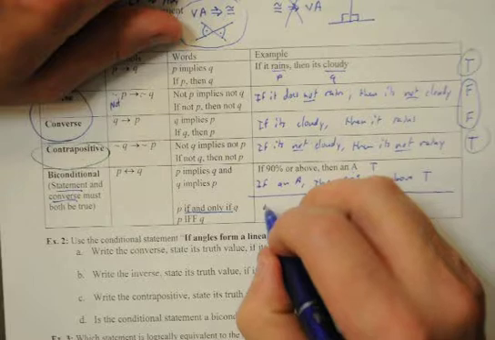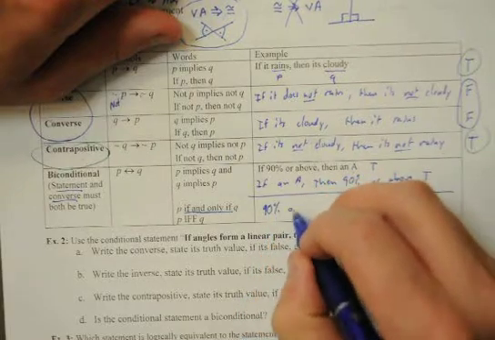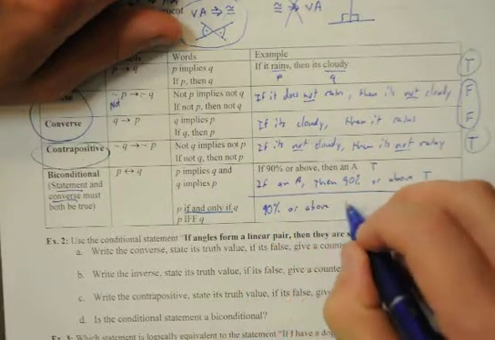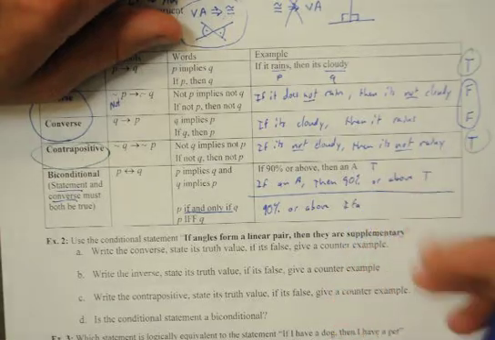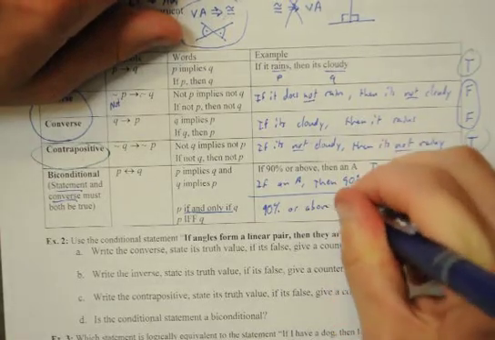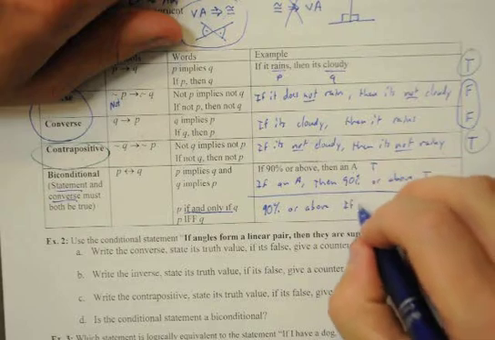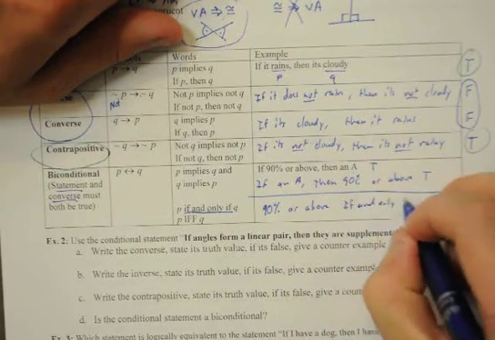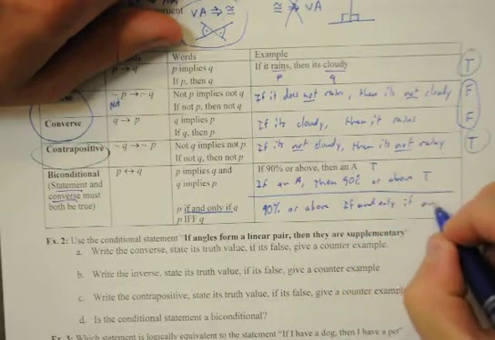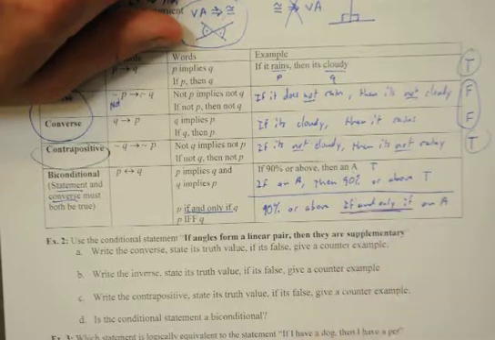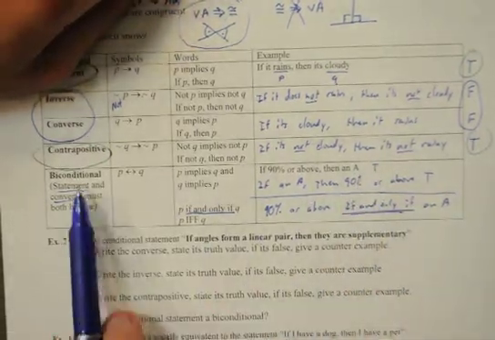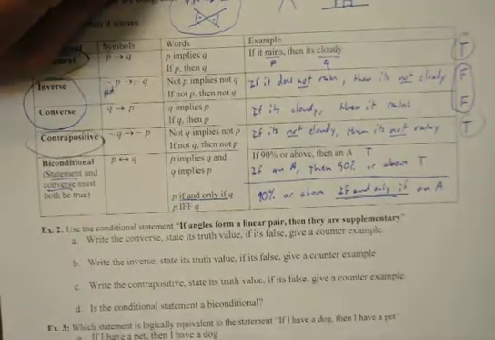So 90% or above if and only if an A. That's called a biconditional.